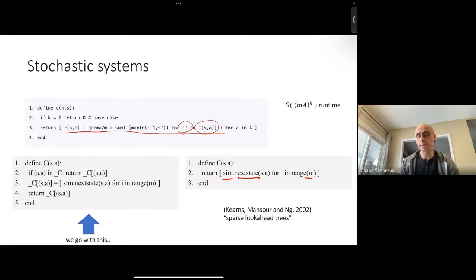And you could do this on the fly, like shown here, or you could do this together with memoization, where if you have already generated next states for some state action pair, then you're not generating them the next time you're visiting that state action pair. Your code is remembering that we have already generated representative next states for the state action pair, so let's just recycle them.